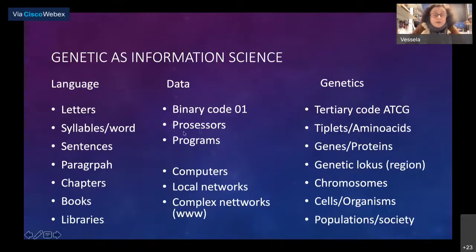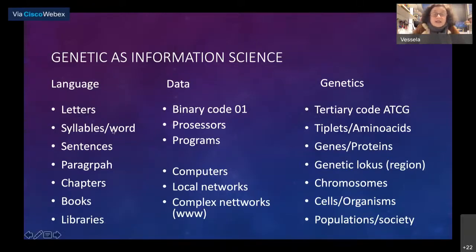If we look at genetics as an information science and compare how the message is transferred in language, data science, and genetics, one could identify a couple of parallels. Both work with letters. In genetics, there are 4 letters. In every alphabet, there are close to 30. In data, a binary code is sufficient to describe all the variety of signals one wants to transmit.